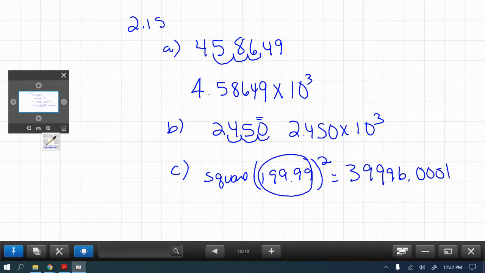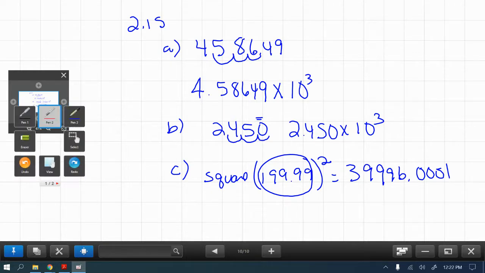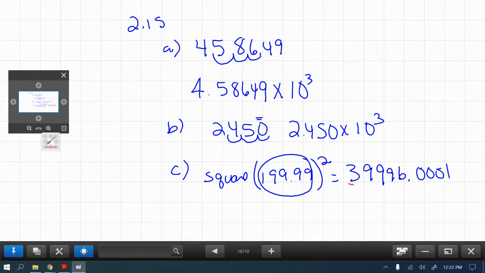This has 5 significant digits. So I need my answer to 5 significant digits. 1, 2, 3, 4, 5. And I'm going to want it in the powers of 10. So this would be the number. And to put it in powers of 10, I'm going to do 1, 2, 3, 4.